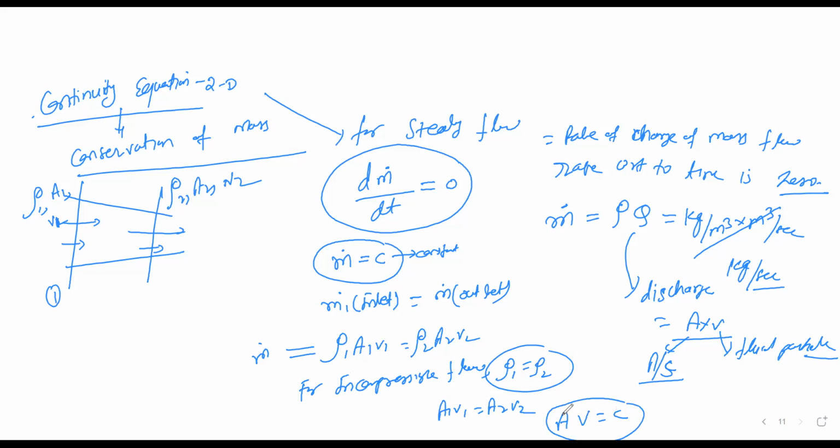So अगर यहाँ पे incompressible flow है, so that area must be inversely proportional to velocity. Or अगर velocity of fluid particle is increasing, it means the area of the cross section must decrease. Or the velocity is decreasing, it means the area is increasing. That is it. And the product of area into velocity is named as discharge.